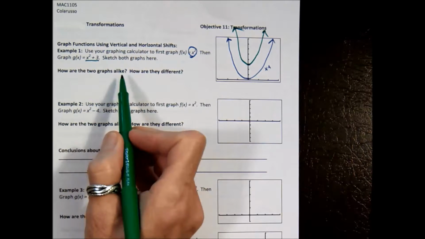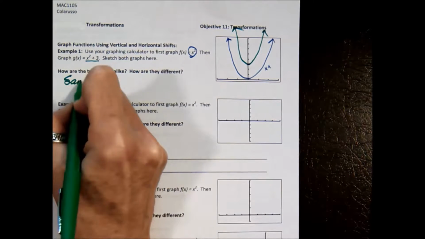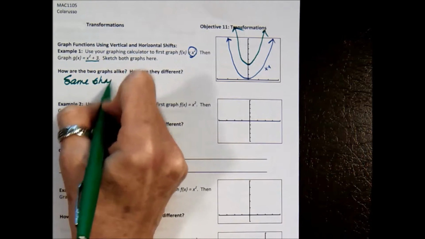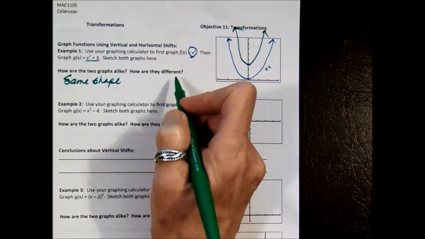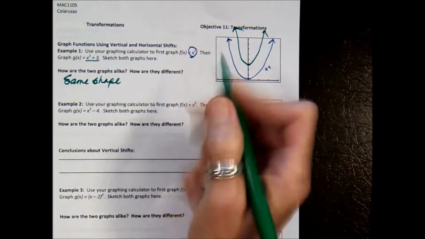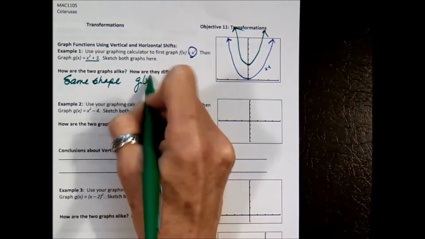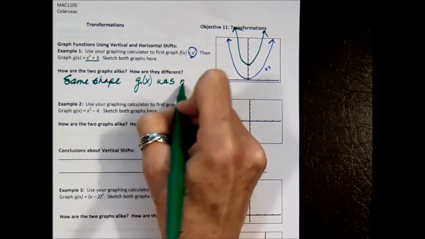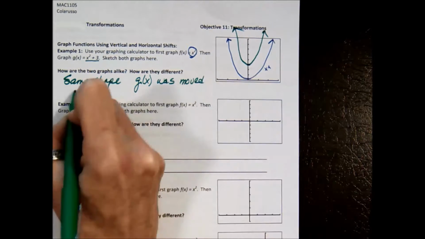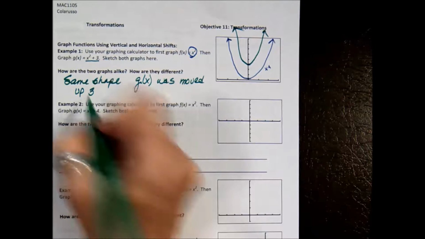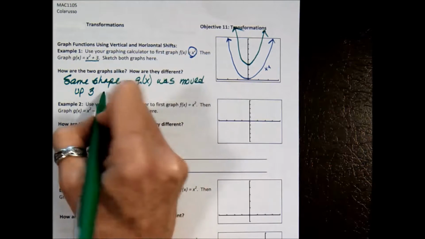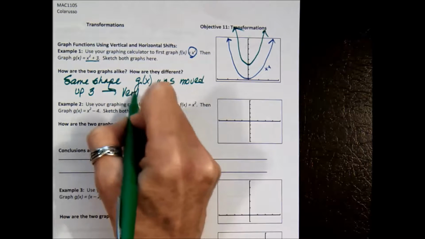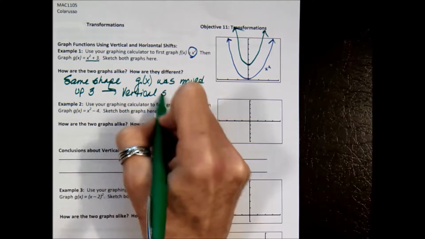So how are the two graphs alike? They have the same shape. How are they different? The way that they're different is g of x was moved up, or vertically up, 3. It was moved up 3. We call that a vertical shift.